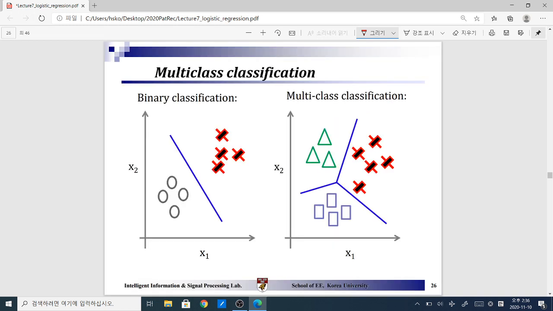The way we are going to do that is essentially to expand the binary classification case. We just saw that for a linearly separable problem looking like this, we could perform binary classification using logistic regression. For the multi-class classification problem, it's going to be pretty much similar.